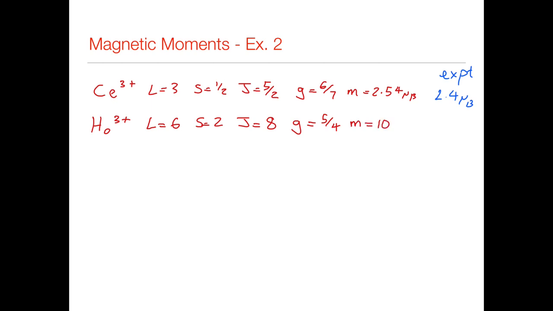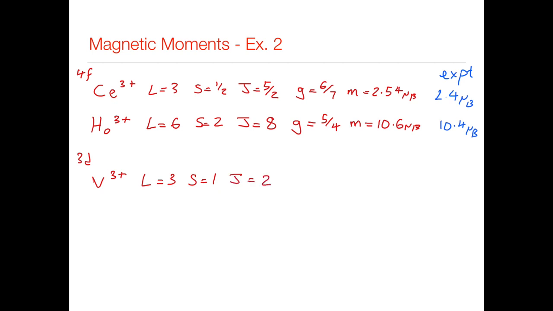It's 10.6 lots of mu B, and experimentally it's 10.4 mu B, so another good prediction. Okay, so they were the 4F elements. We did two 3D elements. Okay, we did first vanadium 3+, and we found that to be L is 3, S is 1, J is equal to 2.